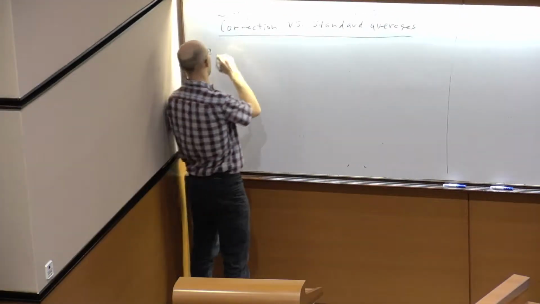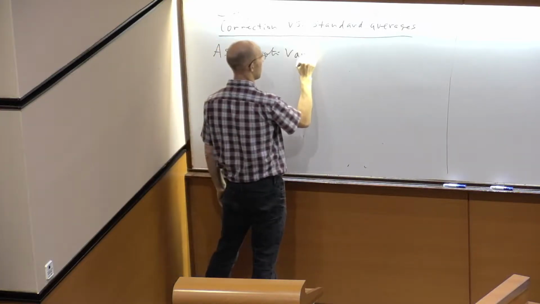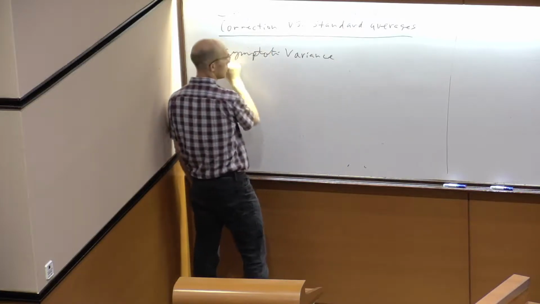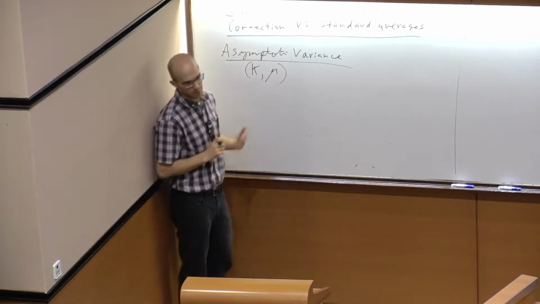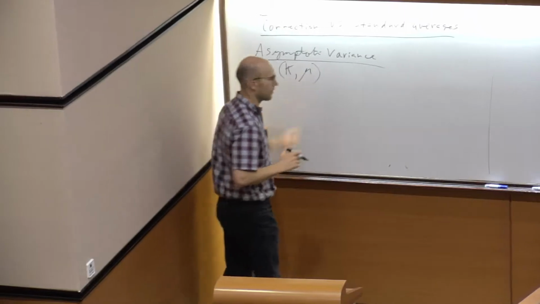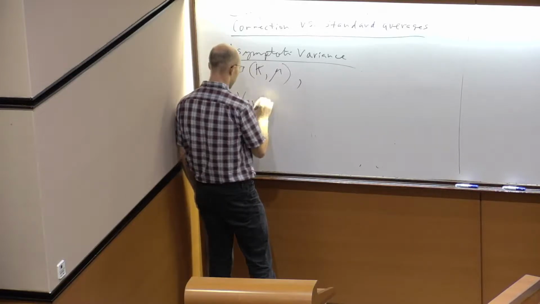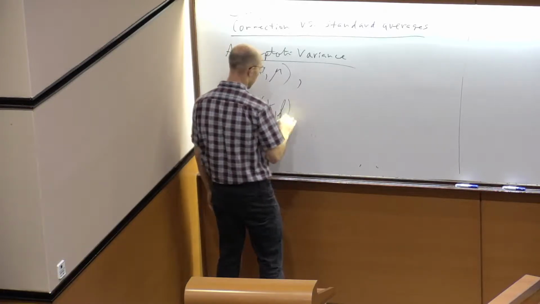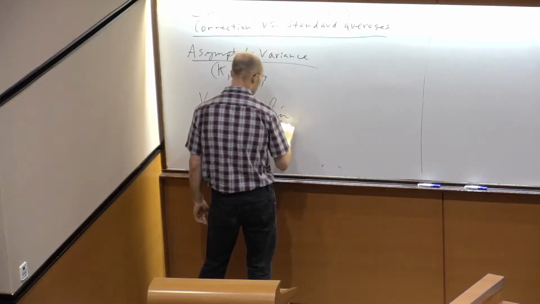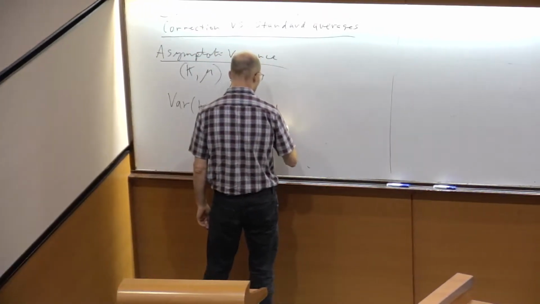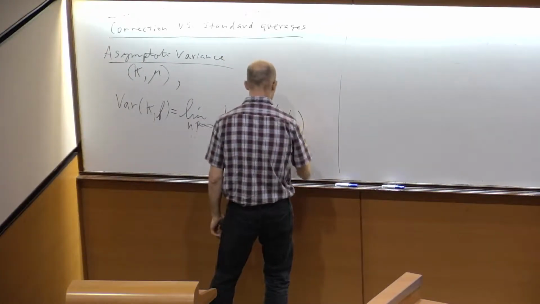So the asymptotic variance: if we have a chain, and I'm going to speak here about reversible chains, with stationary measure mu, and if we look at a stationary version, then we define the asymptotic variance for an L2 function as the limit of this.